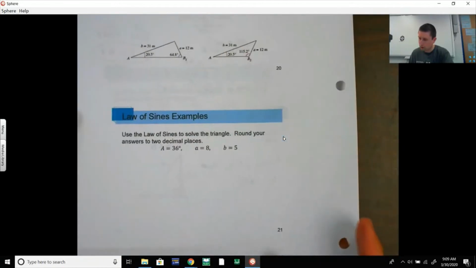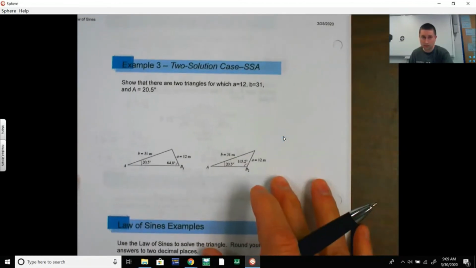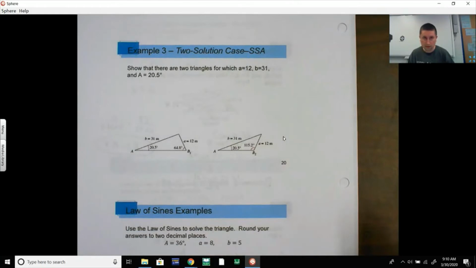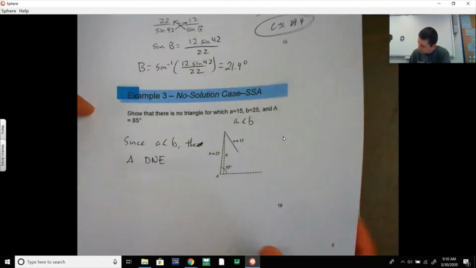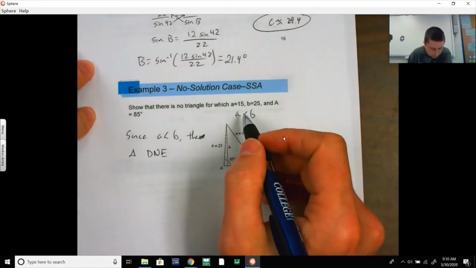Show that there are two triangles for which a equals 12, b equals 31, and A is 25. Let me go back to this, because that doesn't satisfy fully.